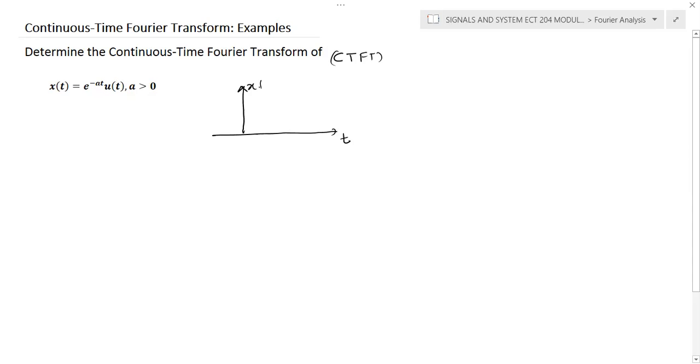So x of t is an exponentially decaying signal, e raised to minus at into u of t. The signal exists only on the positive side because we are multiplying with u of t. This is an exponentially decaying signal, a one-sided exponential signal.